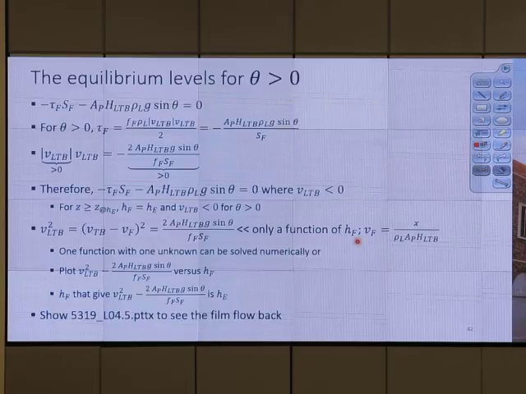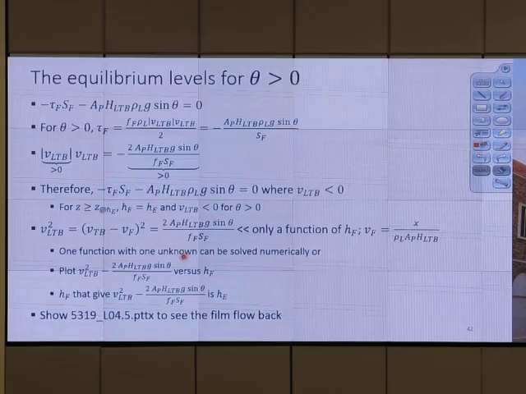And VF is X over rho AP HLTB. X is constant, rho L is constant, AP is constant, HLTB is a function of liquid height. So this equation is only a function of liquid height.